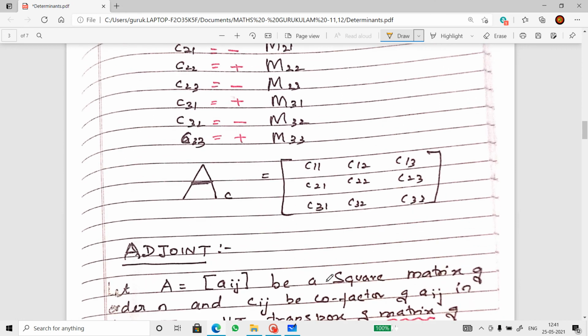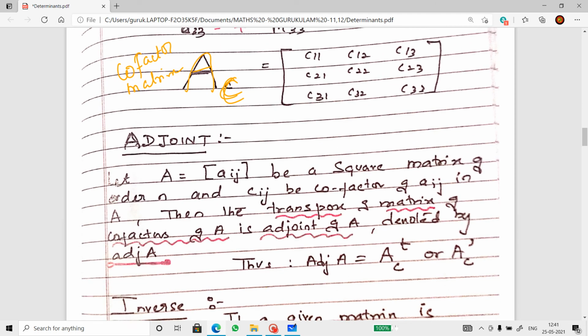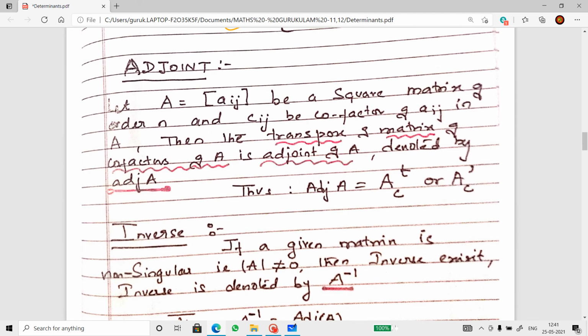So the cofactor matrix is denoted by AC, which is C11, C12, C13, and so on. All the answers that we got over here, we make them into a matrix. So this is the cofactor matrix. Determinant, singular, minor, cofactor. All right. Now adjoint. Everything is interconnected.